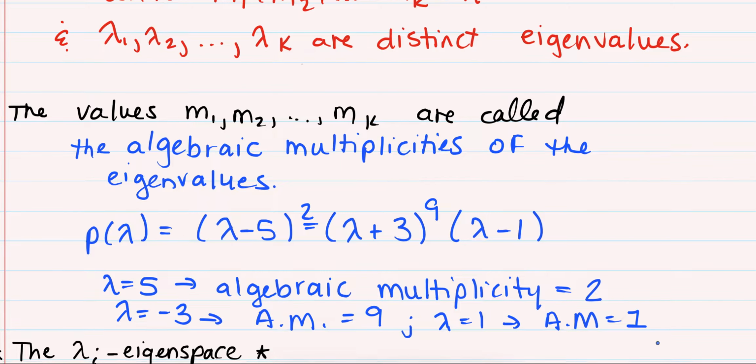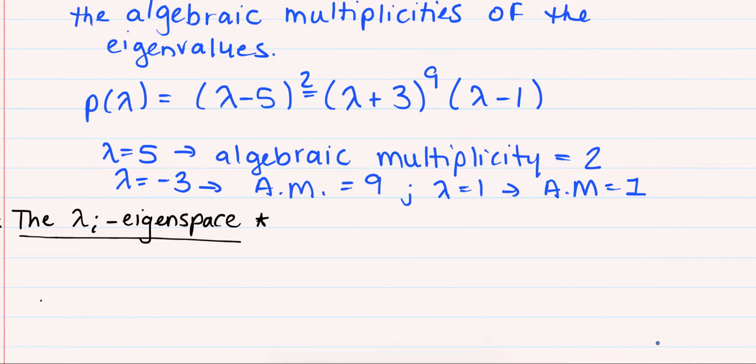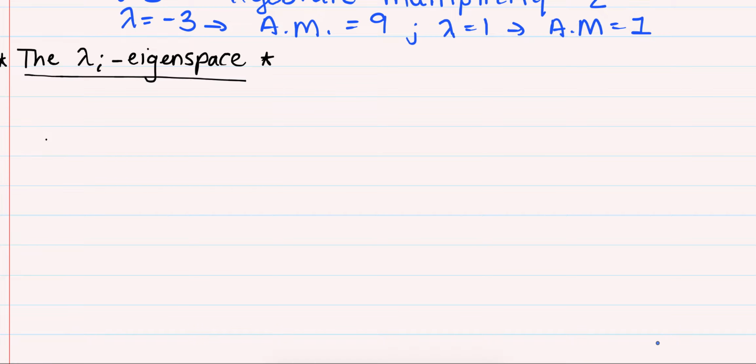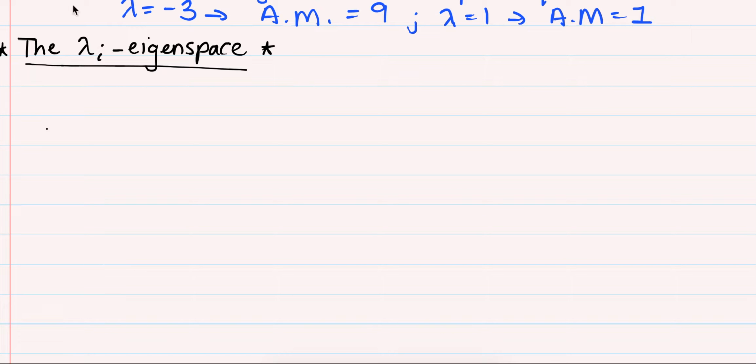Okay? So for each eigenvalue, there's an associated eigenspace, which is the set of vectors that go with that eigenvalue. So how do we find this eigenspace? We had this matrix A minus lambda I, that when we multiplied it by x, we got 0.